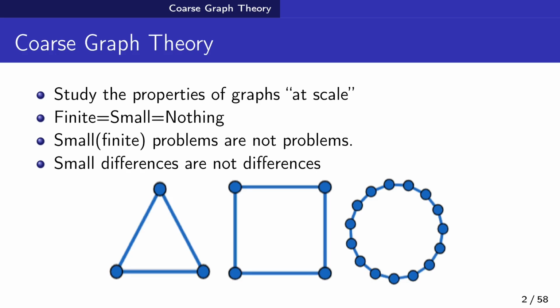Sounds good? I want to approach this talk in a slightly different way than I've done introductions to coarse graph theory before, and that's mostly because the graph theory word in there sometimes is a little misleading to people. One of the most important questions in graph theory is you look at the differences between squares, triangles, and circles.